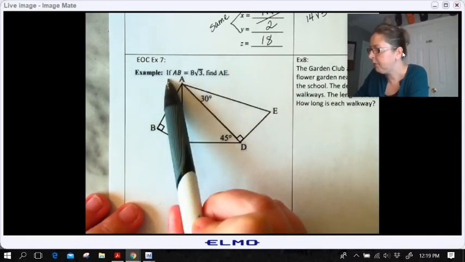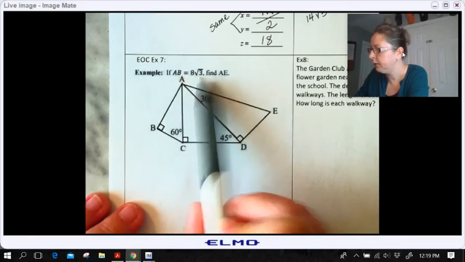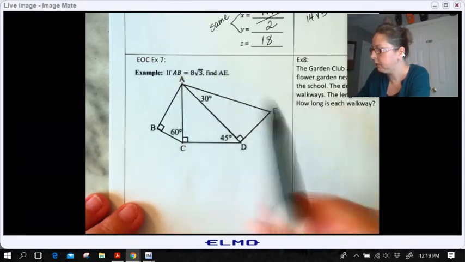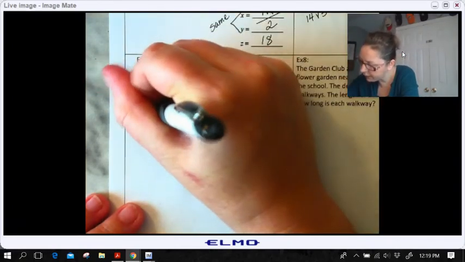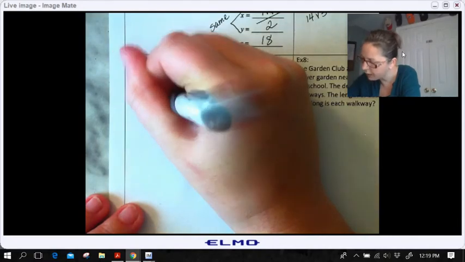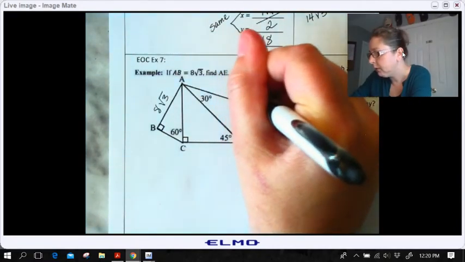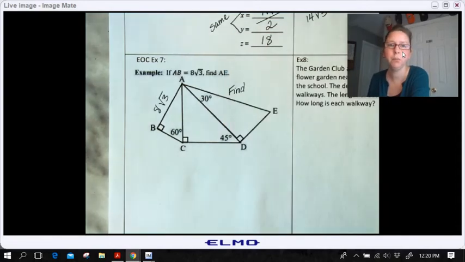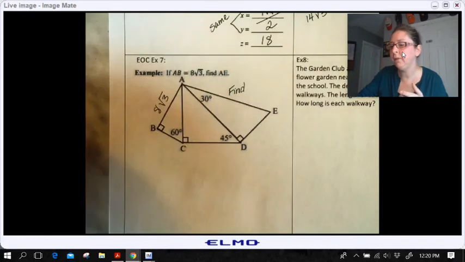They said if AB equals 8 square roots of 3, find AE. So AB is right here, and they told me that this is 8 square roots of 3, and they want me to find this side right here. Okay, so that's all the information that they're giving me other than these angles.